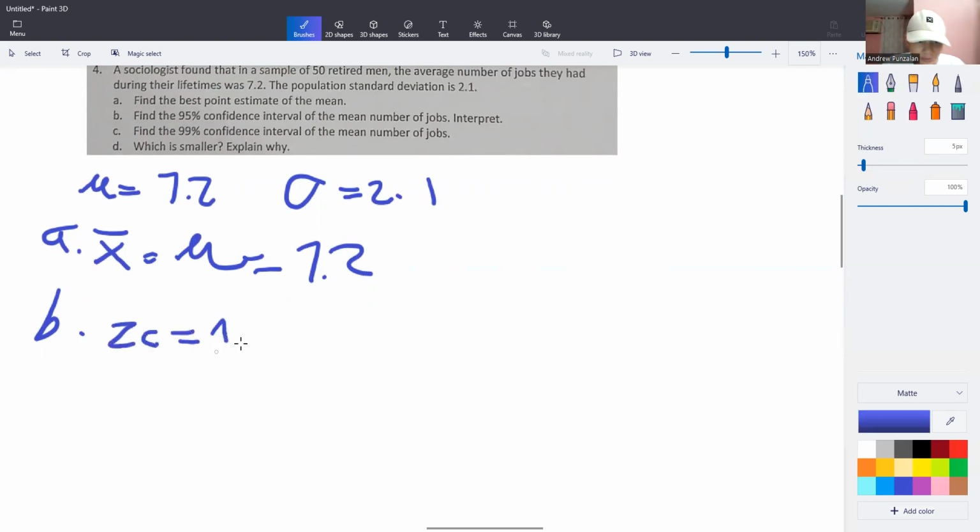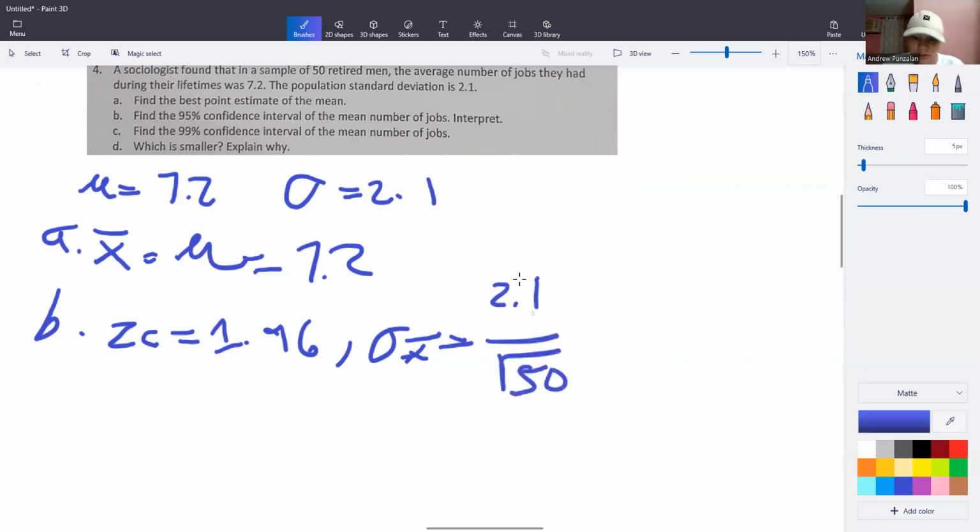We need the ZC and the standard error of x bar. The formula for that is standard dev over square root of n, so 2.1 over the square root of 50, which is approximately equal to 0.30.